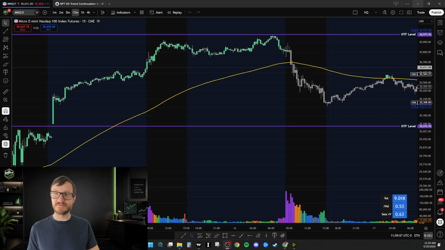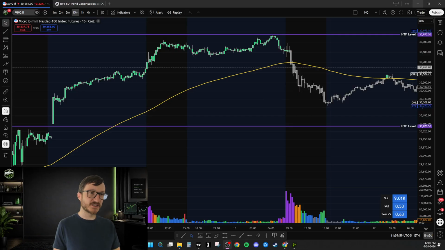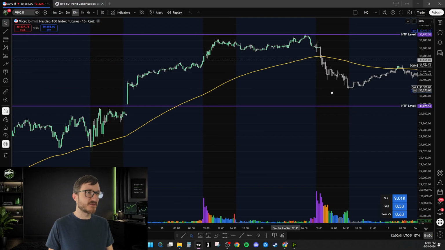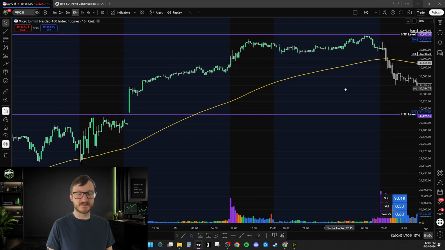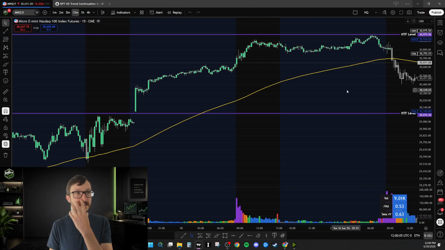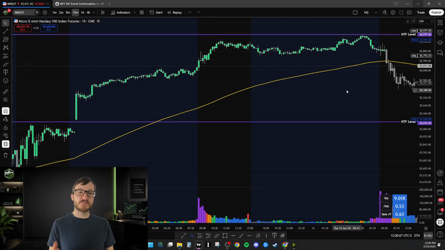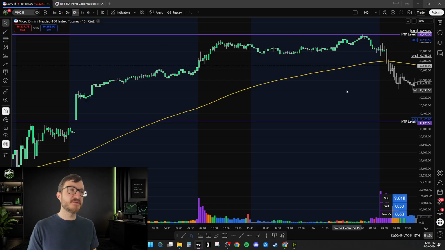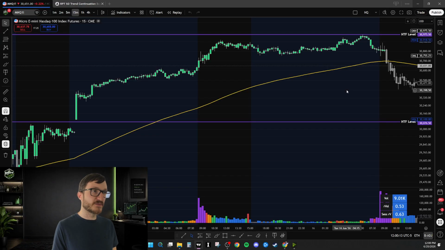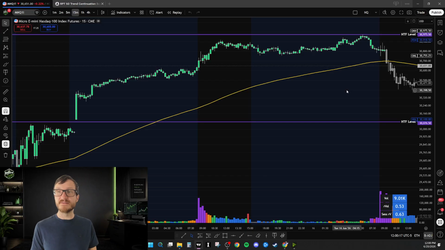So if you don't already have it, go download it. Go check it out. Everything I'm going to be teaching you is going to be taught on TradingView. This is how I mark up the charts, define my trades, get exact entries and exits. This program does it all for me, along with my custom indicator, which has done a lot of the heavy lifting, especially as of lately.